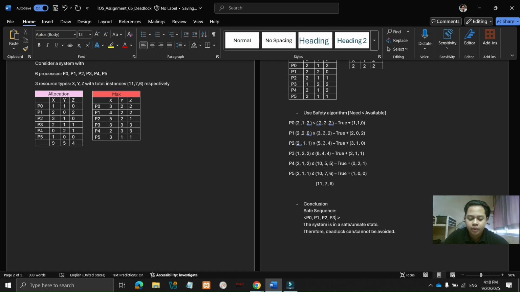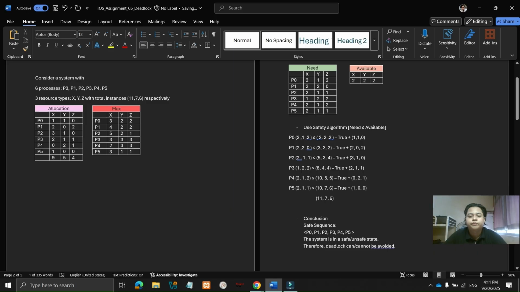So P3, P4, P5. So we can conclude that this order has a safe sequence, so it can be valued as a safe state. So this deadlock can be avoided. So yeah.